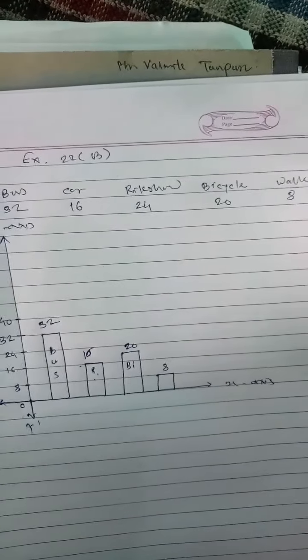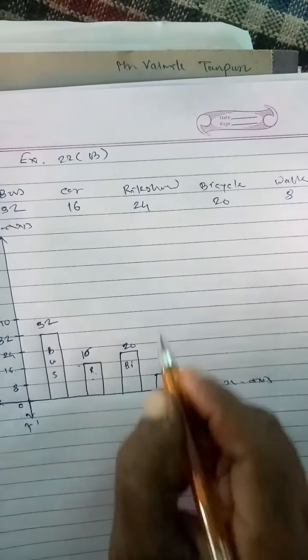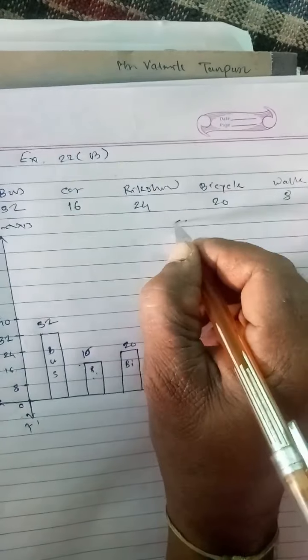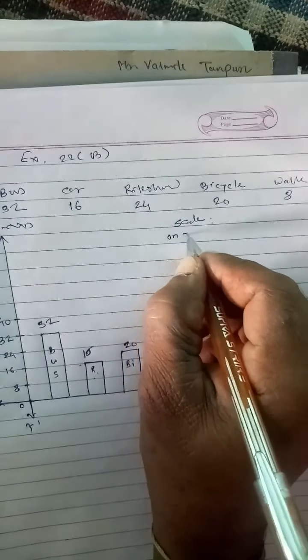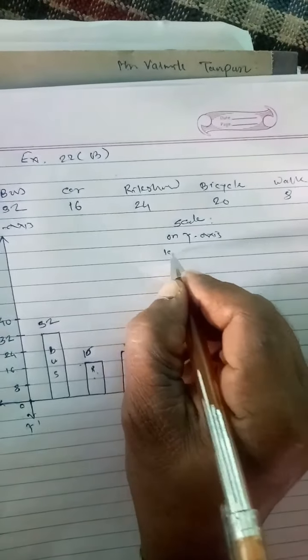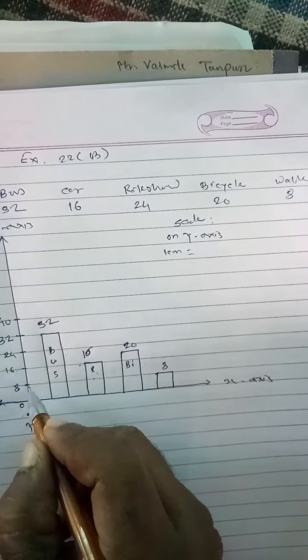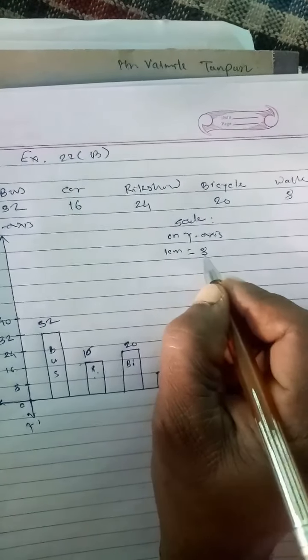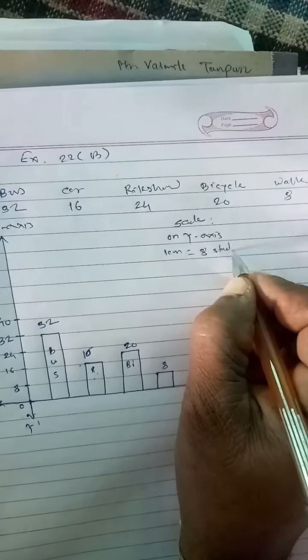Like that you have to draw the bar graph, but you also have to write down the scale. What will you write? On the y axis, 1 centimeter is equal to 8 students.